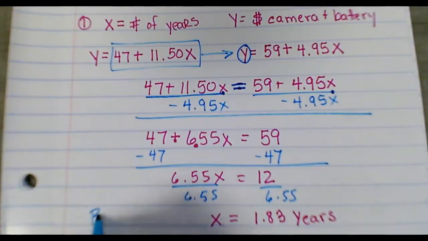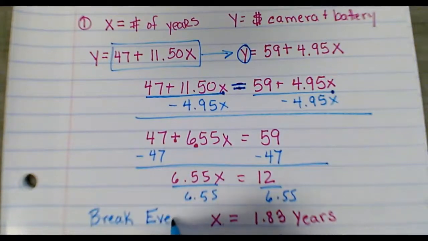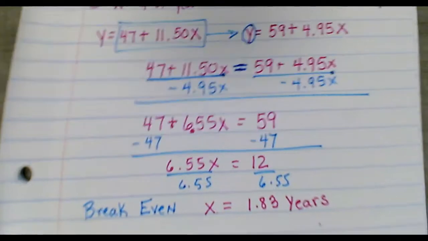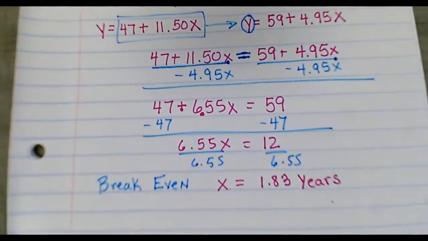This is called the break-even point. At that point, they are exactly equal in cost. This can be a very important number.